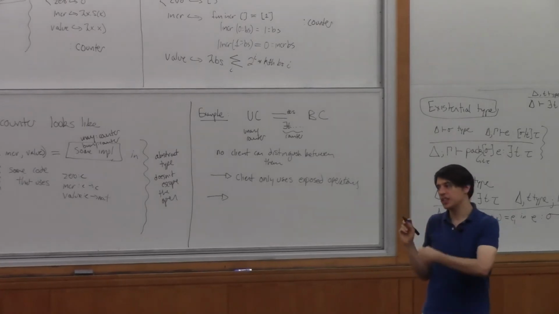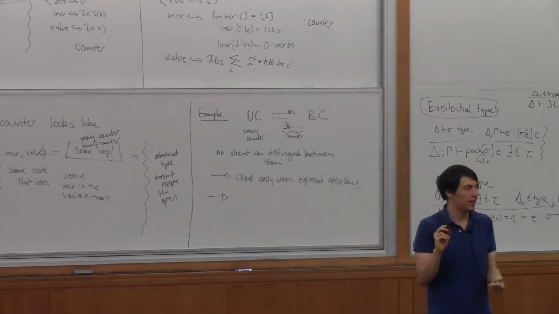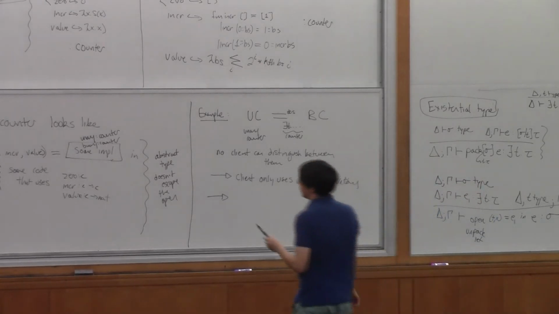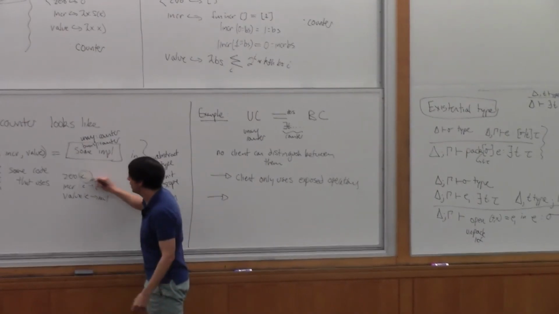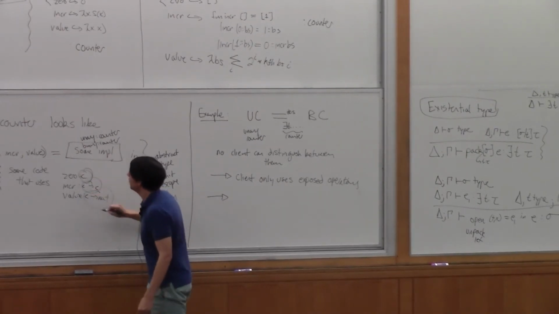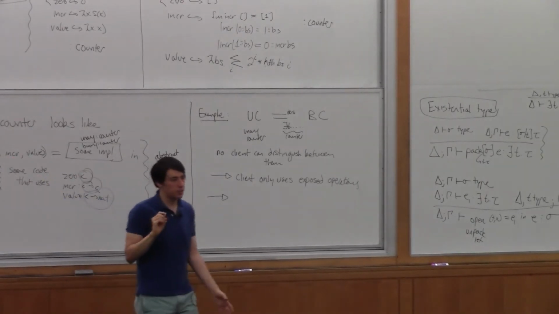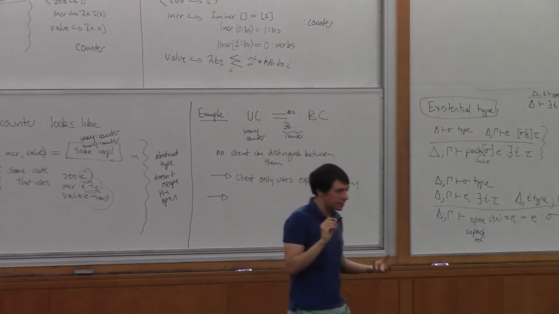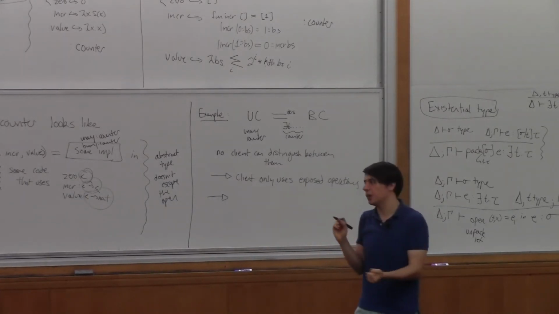If the client opens a binary counter, it can't do an operation on the counter that only applies to a list of bits. It has to only use these operations, 0 increment in value, because C here is a type variable, which means that the type of the representation of the module is held abstract in the client code. Okay? So that's point one.